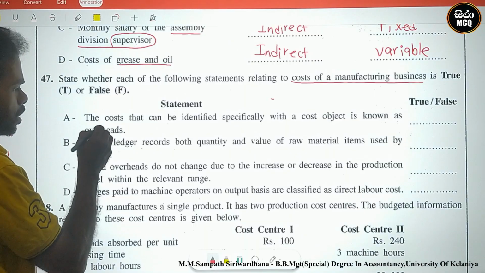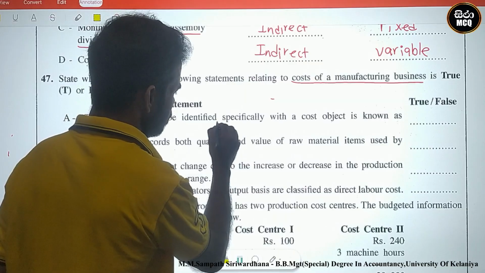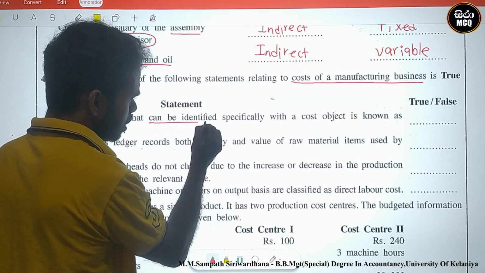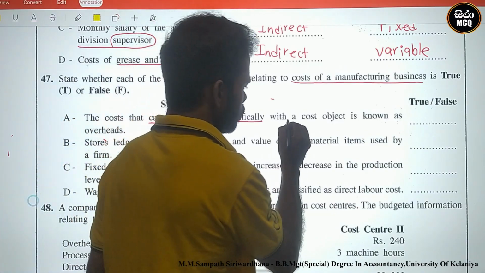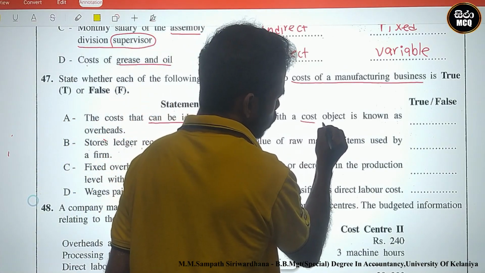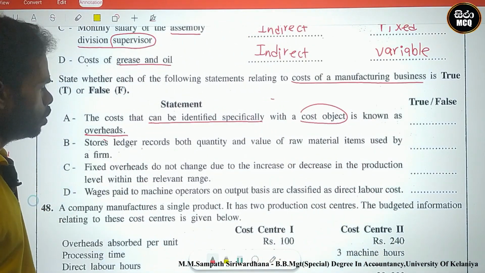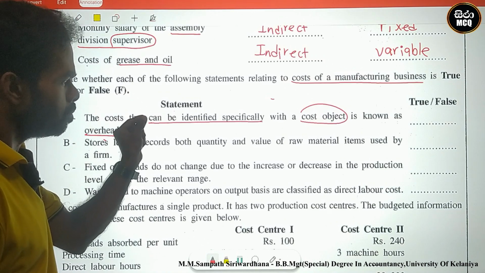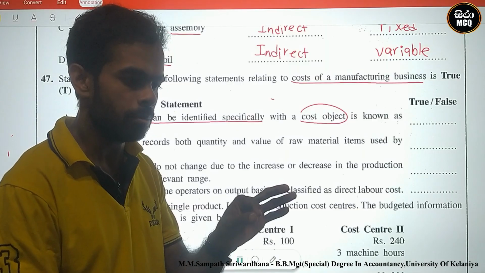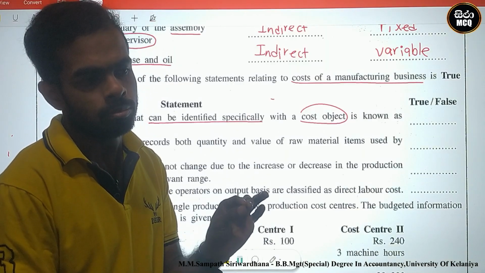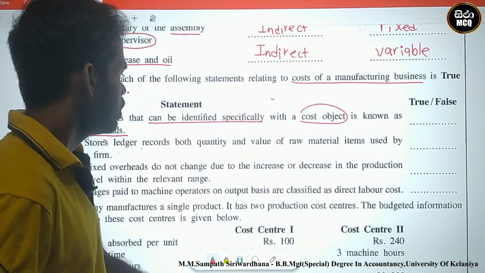Okay, let's see. First one: cost that can be identified specifically with a cost object is known as overheads. Look here, cost that can be identified specifically means, for example, a motor bicycle production business.